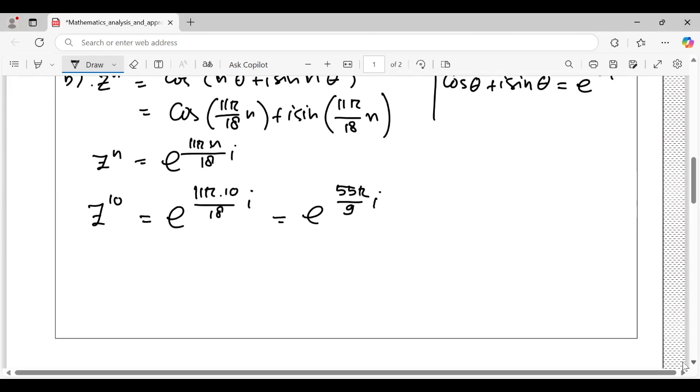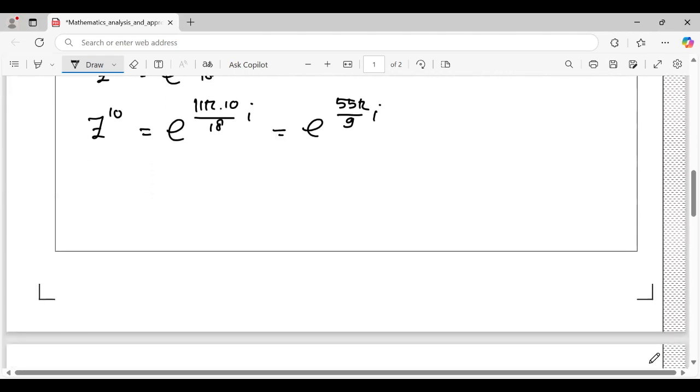Next, I need more space. We want to simplify the exponent 55 pi over 9.